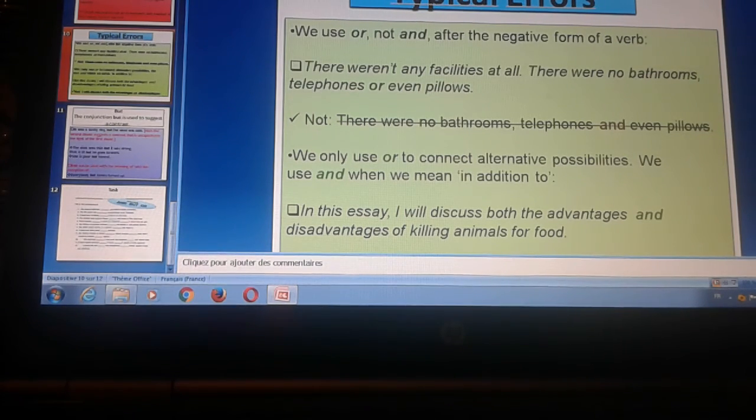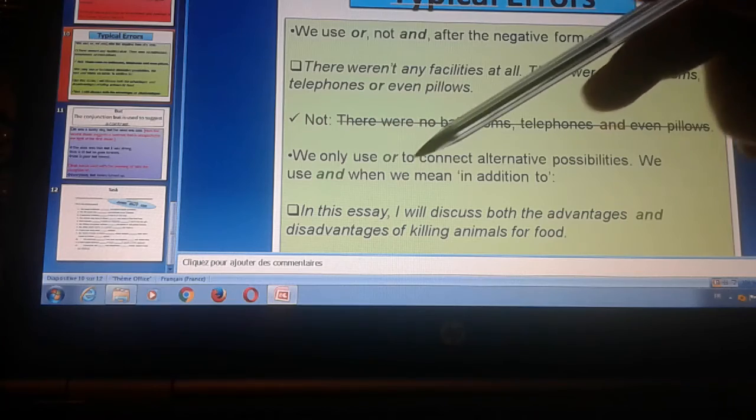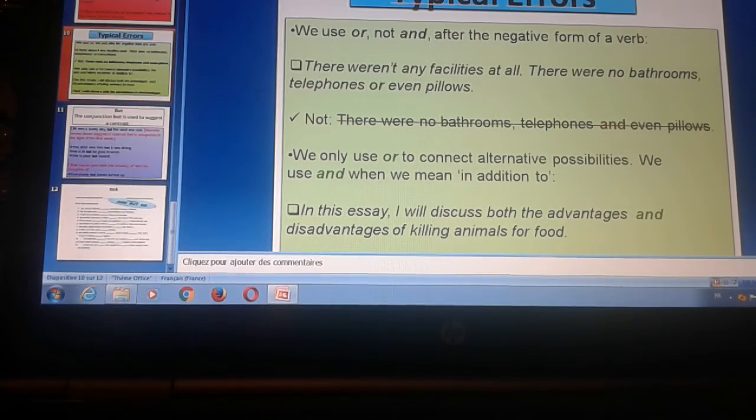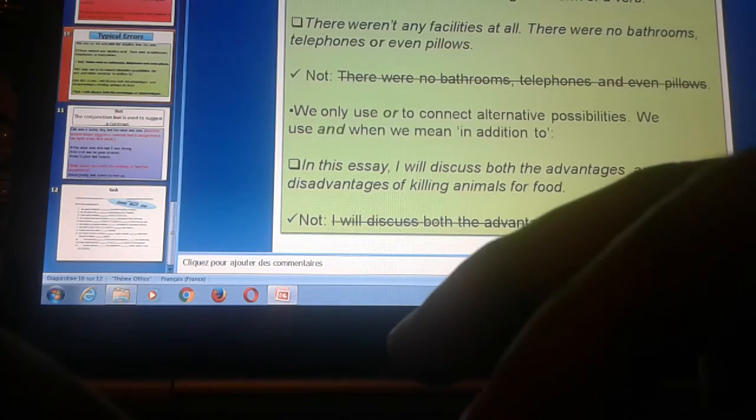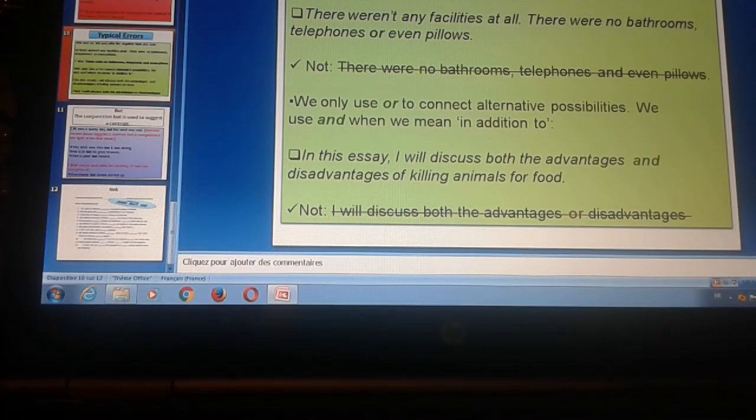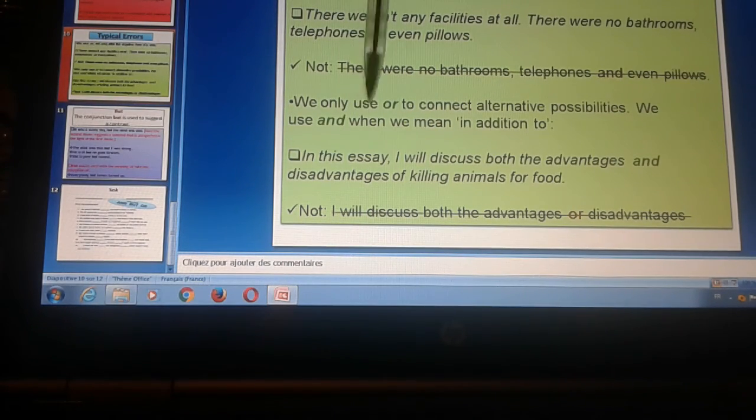Here is another case: we only use or to connect alternative possibilities. We use and when we mean in addition to. So for addition I'm going to use and, and for alternative possibilities I'm going to use or. For example, in this essay, I will discuss both the advantages and disadvantages of killing animals for food.